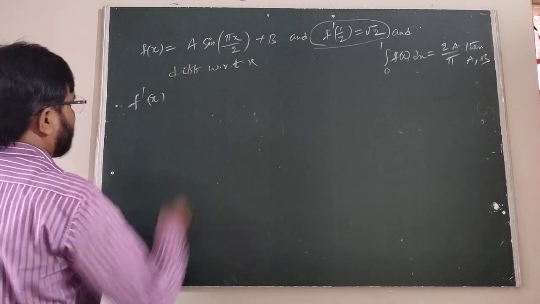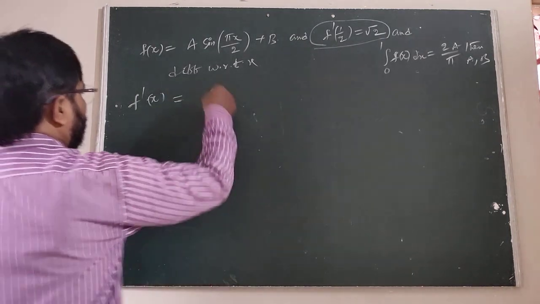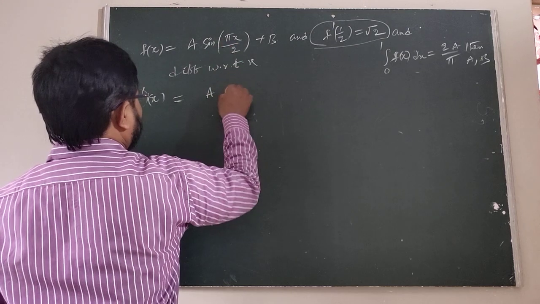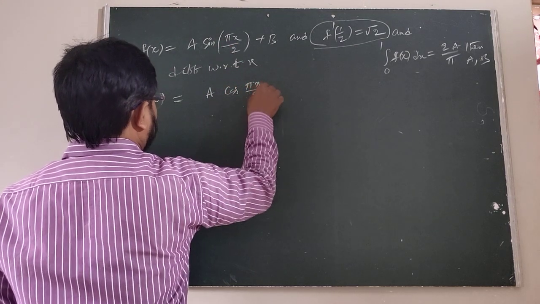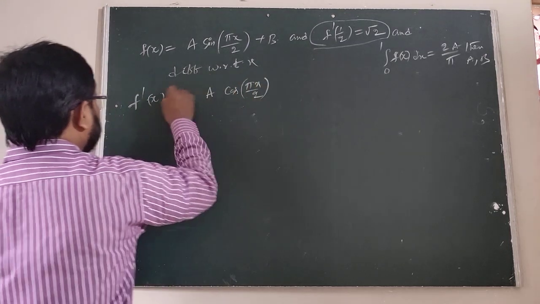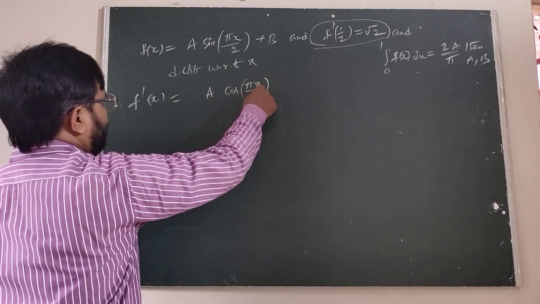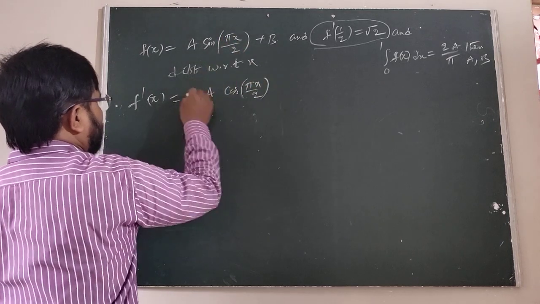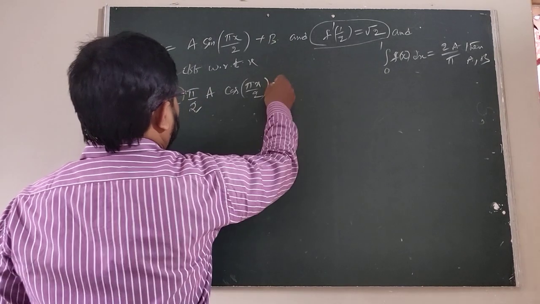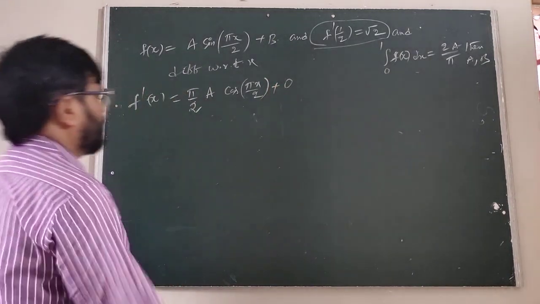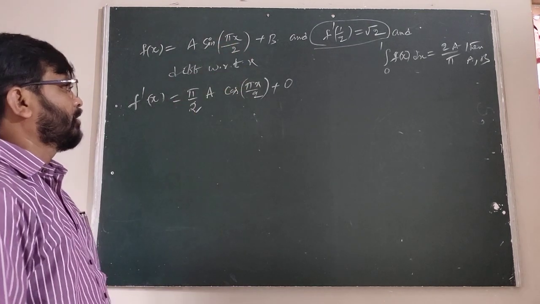Here a into the derivative of sine, which is cos of pi x by 2, and the derivative of pi x by 2 is pi by 2, and the derivative of b is 0. Is it clear? The derivative of sine is cos, and the derivative of pi x by 2 is pi by 2.